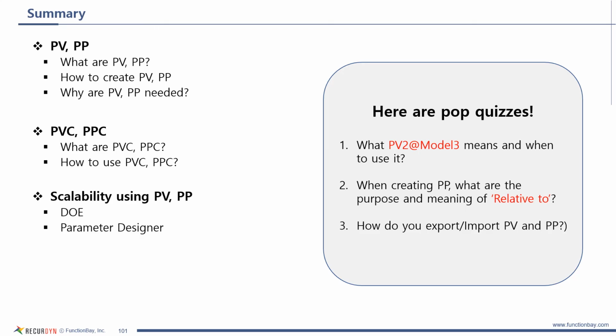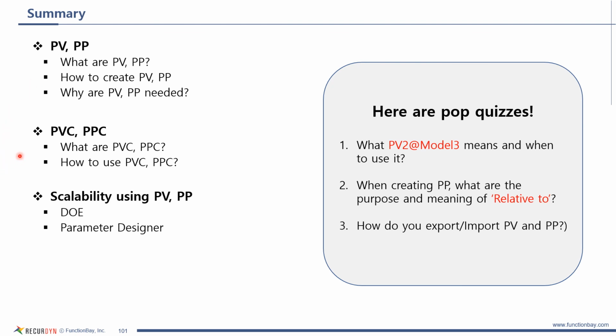Now I have completed introducing all the contents prepared. Let's take a look at what I have covered in this seminar. First, PV and PP were introduced. What are PV and PP? How to create PV and PP? Why are PV and PP important? I also introduced PVC and PPC.